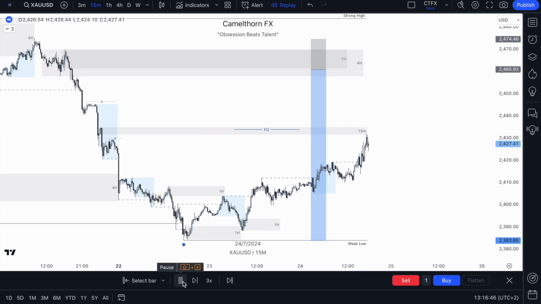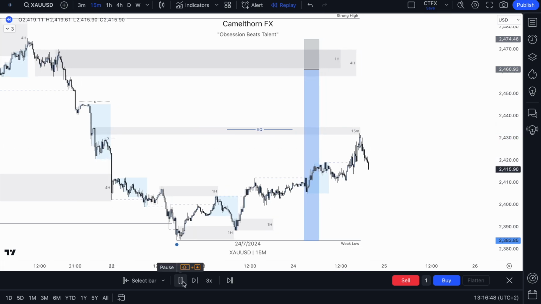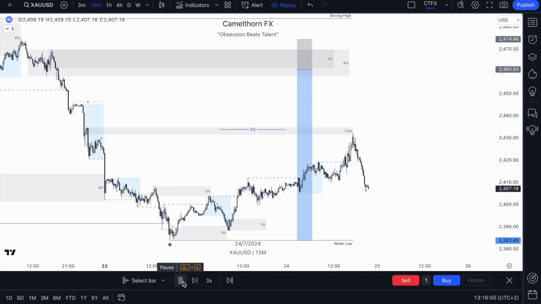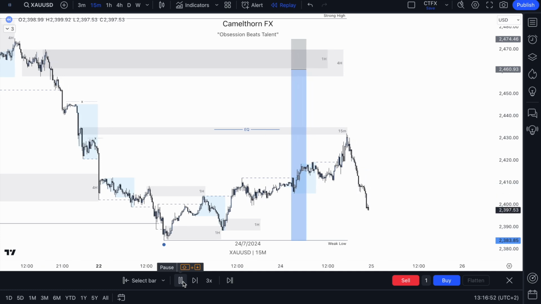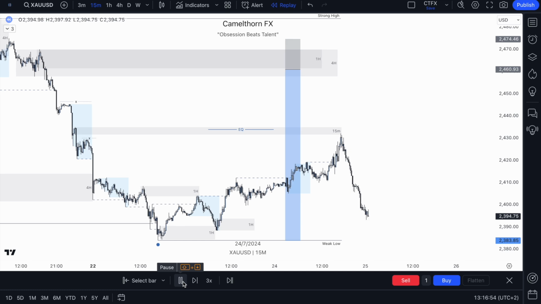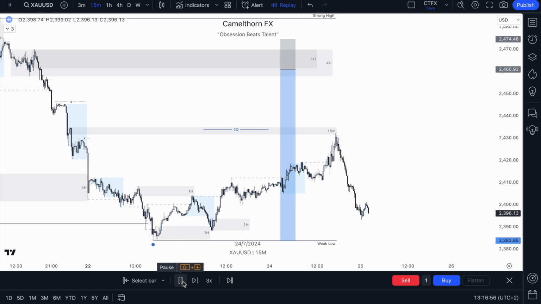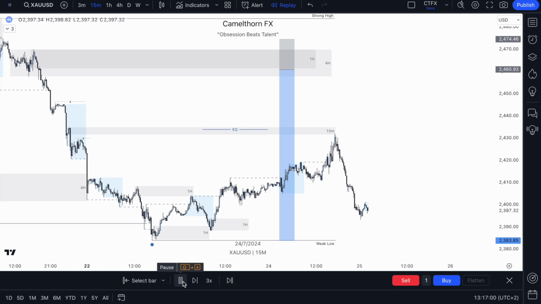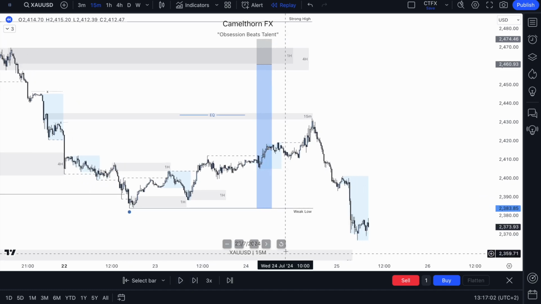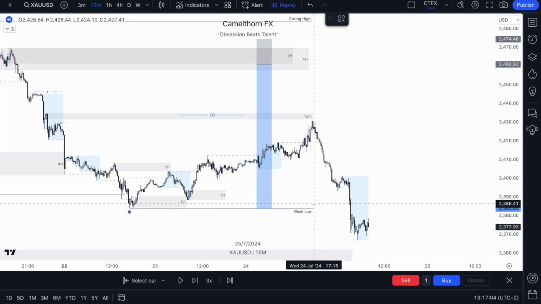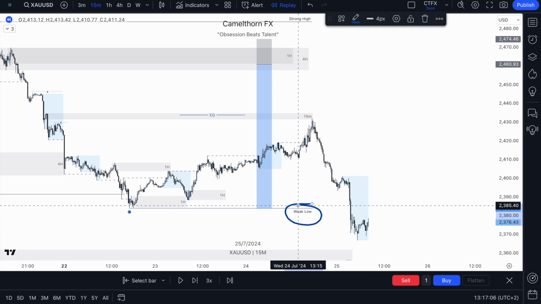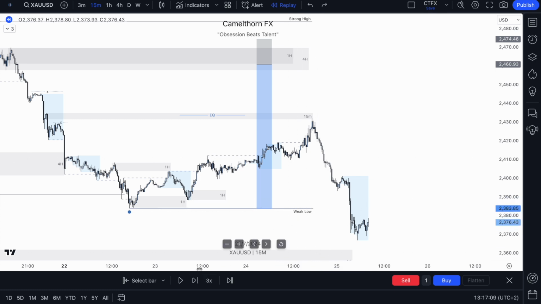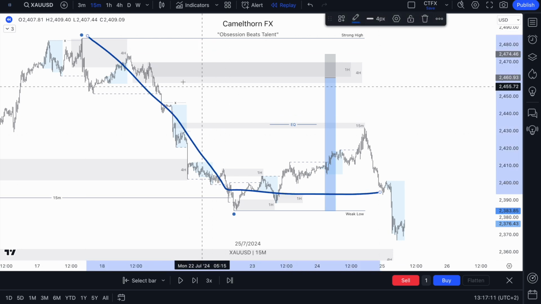And then as we play price action forward, we do see a bearish reaction out of that supply, but it isn't a short-term bearish reaction. Instead, it is a bearish reaction that evolves into our bearish 15-minute continuation that ultimately goes ahead to violate our 15-minute weak low, which would have been the overall objective of this bearish 15-minute range.